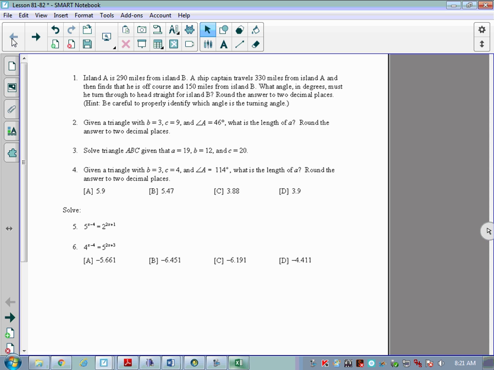Anyway, what angle in degrees must he turn through to head for Island B? Round your answer to 2 decimal places. Hint, be careful to properly identify which angle is the turning angle. That's a hint that's not given in the Algebra 2 portion, but I ended up finding out.